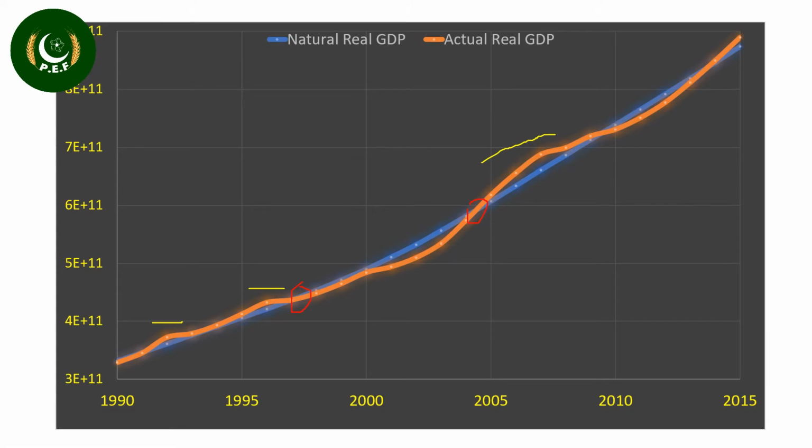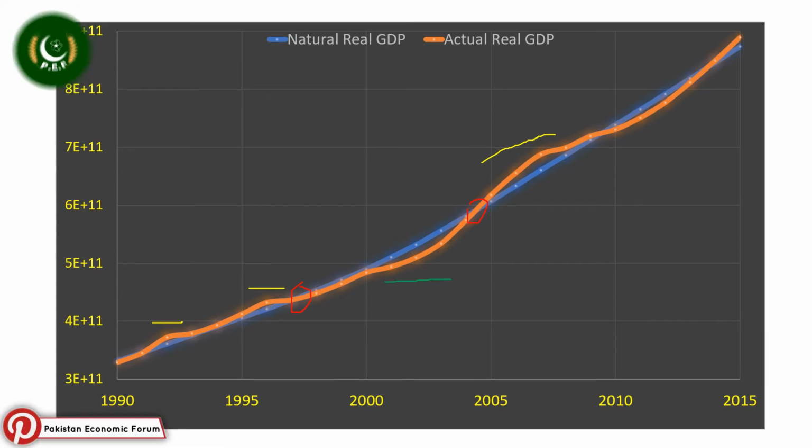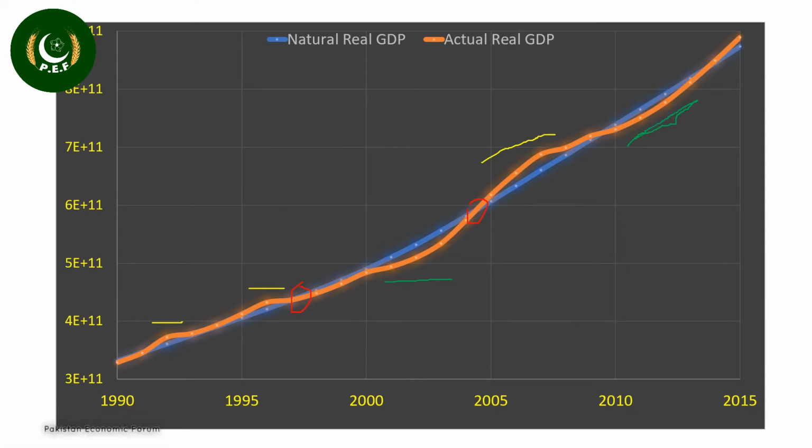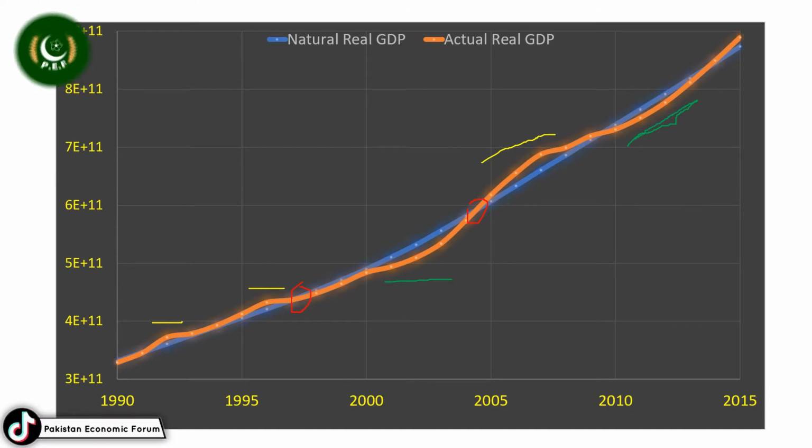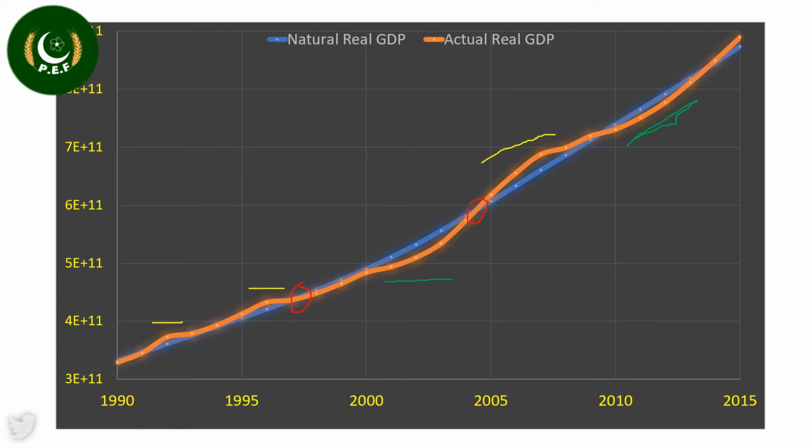The opposite is true for the periods in which the red line is below the blue line. That is, the output is below natural level, inflation is low, and unemployment is higher than natural level.